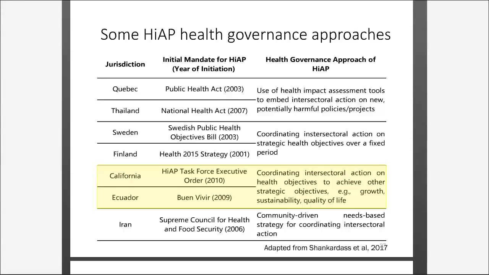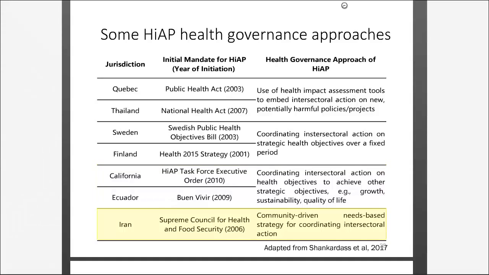So in California, they have been focusing on sustainability, and they're using health in all policies as one way to achieve that goal. And in Ecuador, they're trying to improve quality of life more generally, and they're using health in all policies as a way to achieve that.